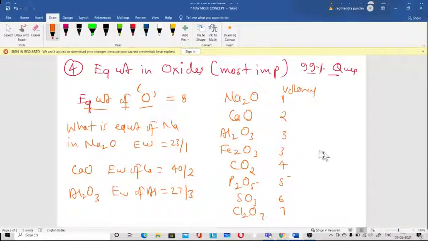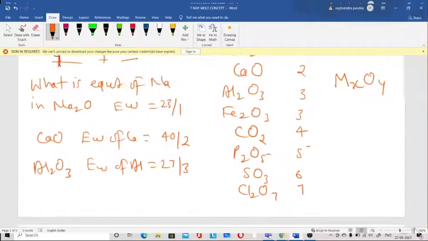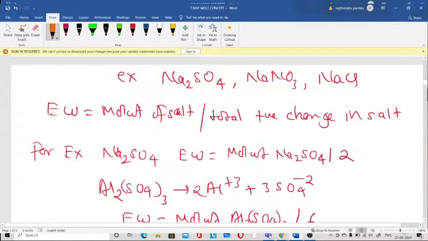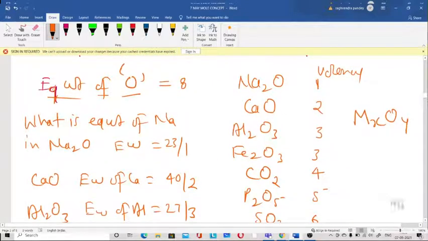Now suppose I write a hypothetical molecule MxOy. What is the equivalent weight of M?